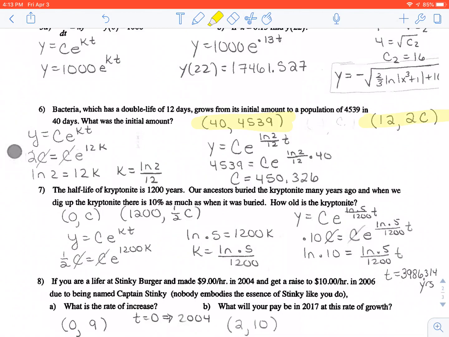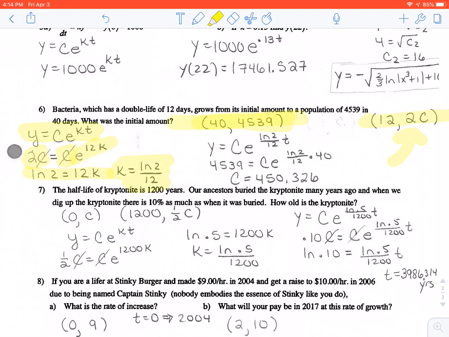So I'm going to go to my exponential growth model, which we'll use for all of these half-life, double life, exponential functions. I'm going to put in the 2C for y, C for the initial amount, at time 12. The C's will divide out, and I can solve for k. Now I want to store that value or keep it exact, so you don't want to round there and then round later on.